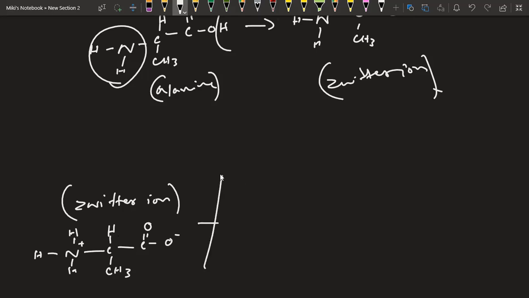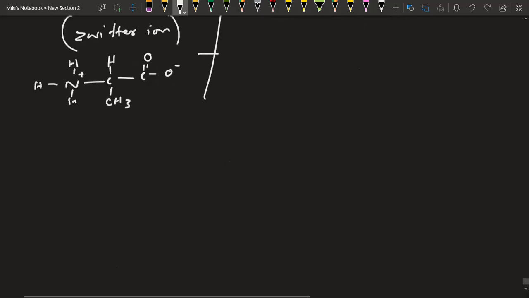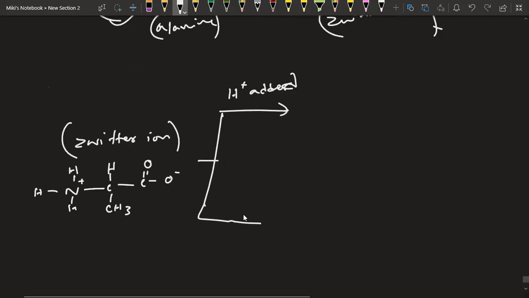One is adding H plus. Another is adding OH minus. What will happen? Now, if H plus is added, what will happen? Think wisely. If you add H plus, we are making it more acidic. We are increasing the number of H plus.